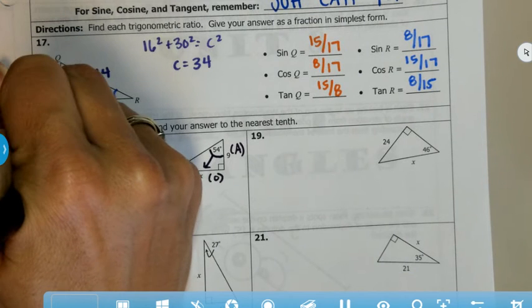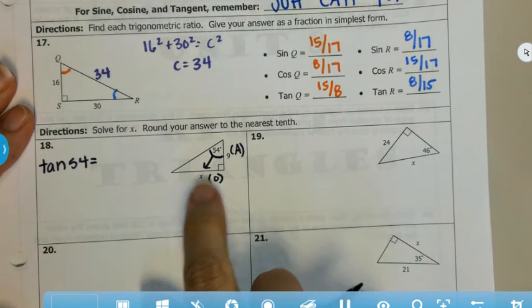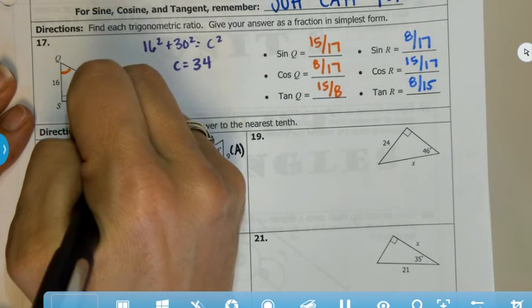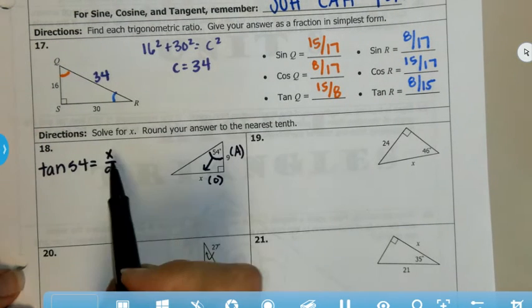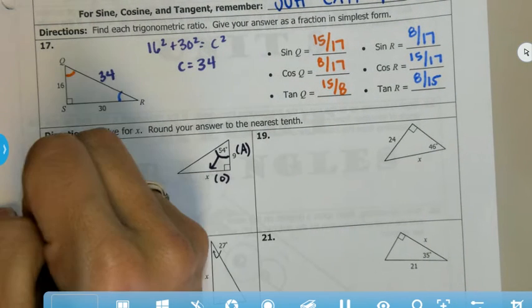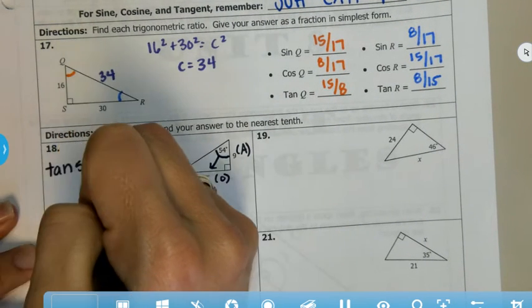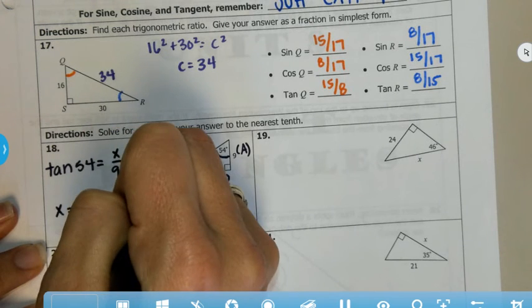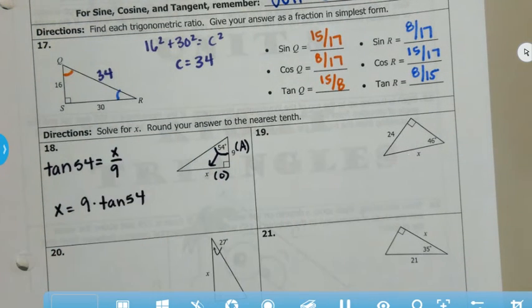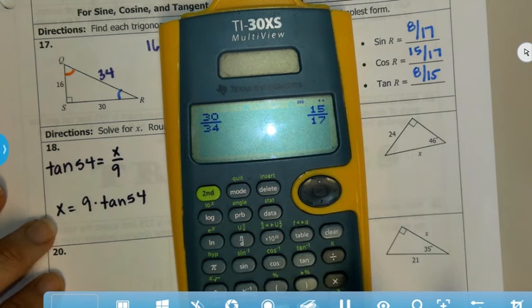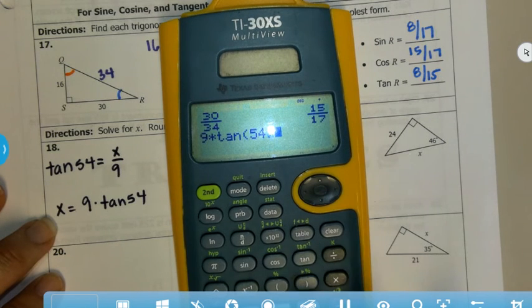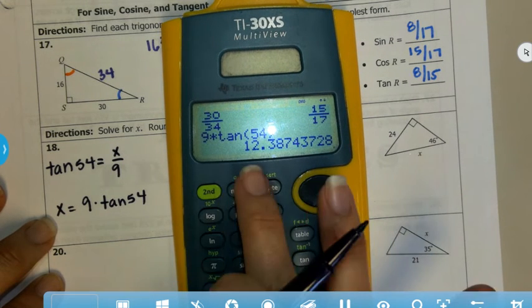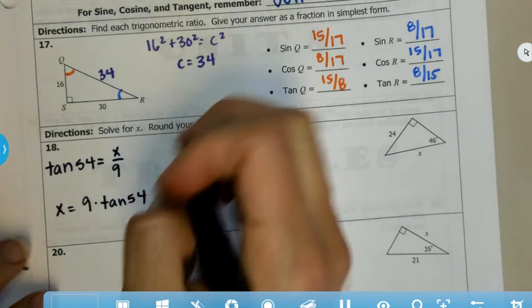So tan 54 equals opposite over adjacent, x over 9. Now, when x is on the top, we multiply. So x is going to equal 9 times tan 54. We're going to the nearest tenth, which is 1 decimal place. 9 times tan 54 gives us 12.4.